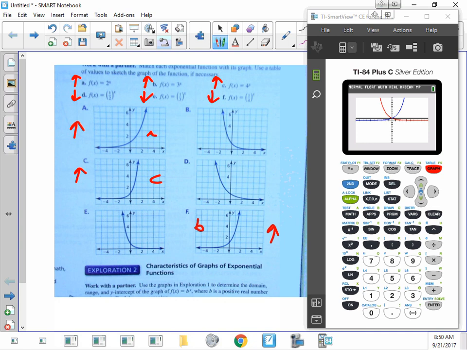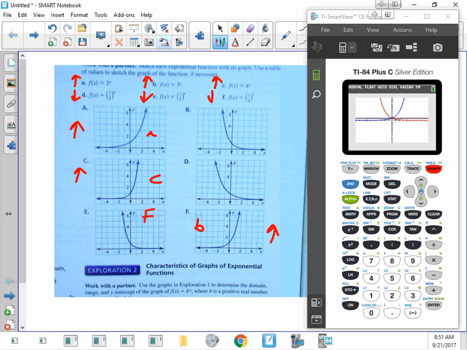Which one's going down the fastest? Which one's the steepest? If it were a roller coaster, which one do you want to ride? E. Because you can see up here at the top, you can kind of tell how fast they're dropping. So E is dropping the fastest. So that would be letter F.